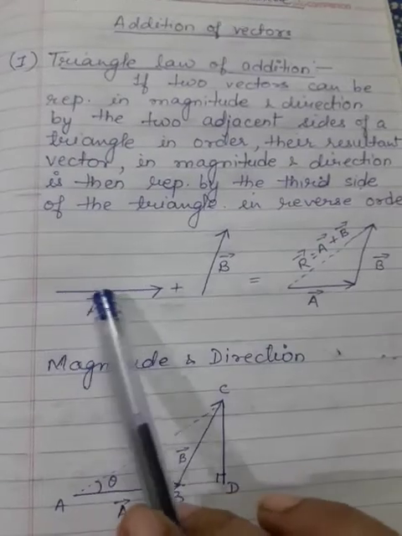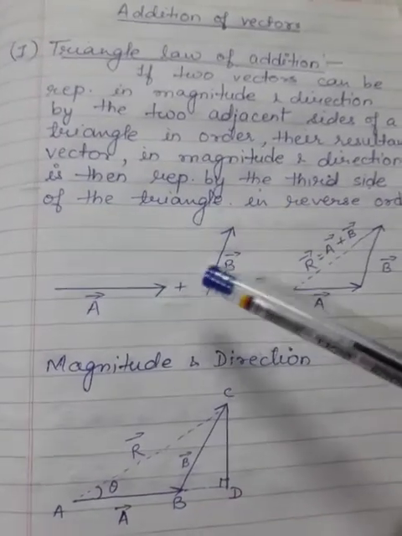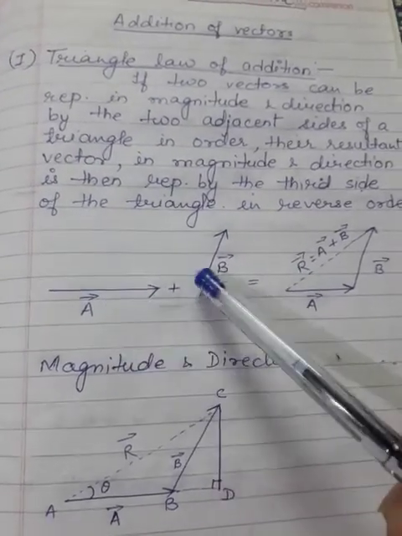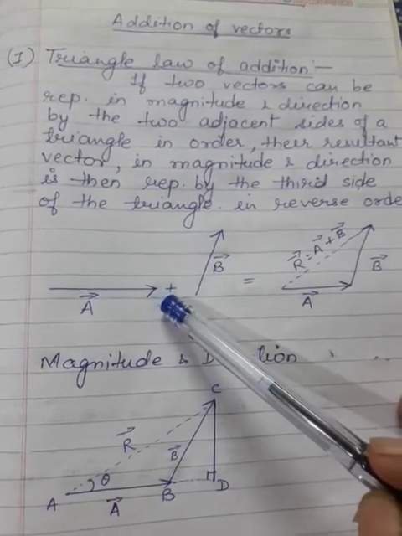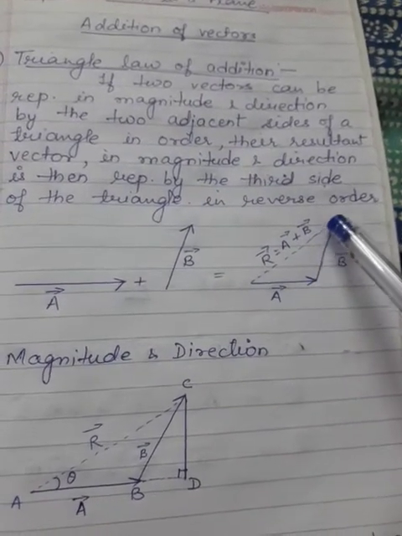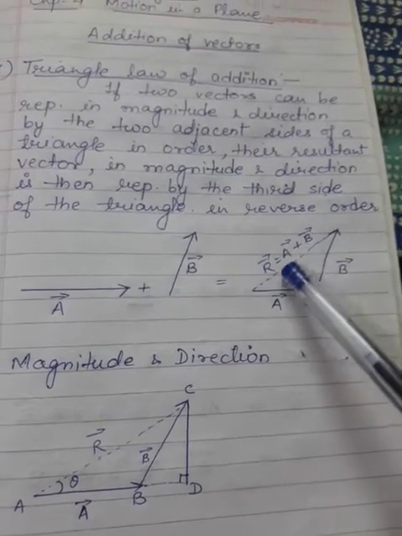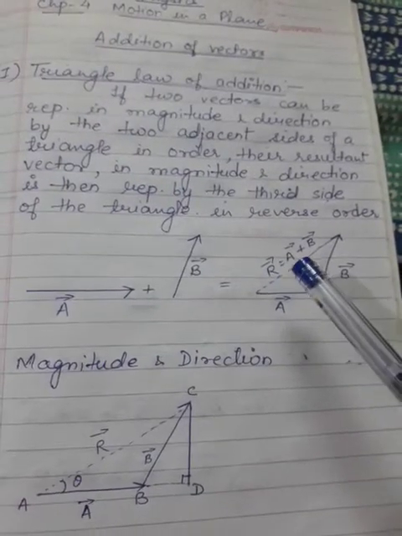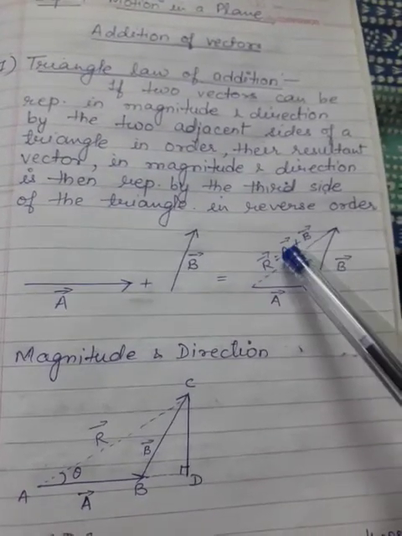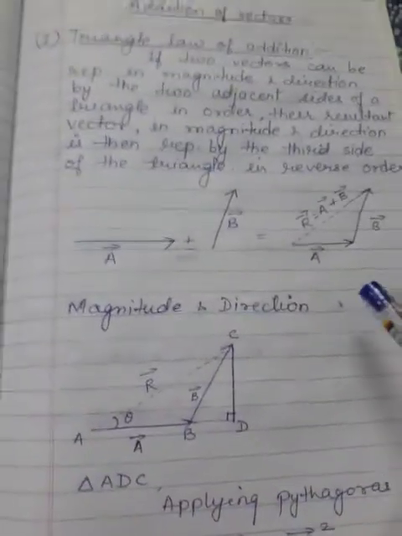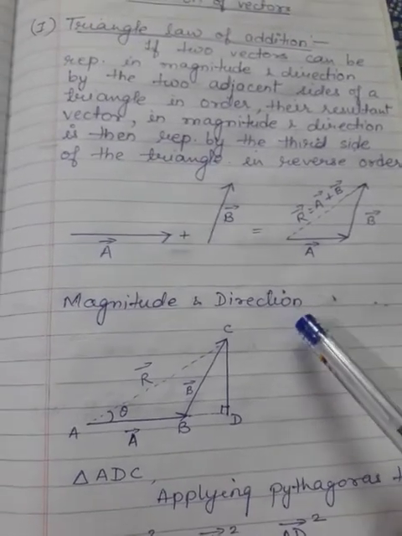That means if you assume there is a vector A and another vector B, and we have to combine these vectors, then the third side of the triangle will represent the resultant of vector A and vector B. Magnitude and direction we have to find out.